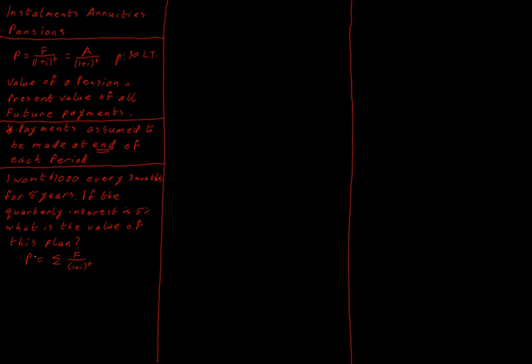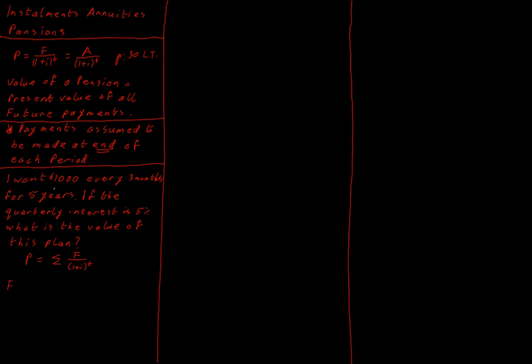And yeah, we recognize we have a bunch of payments going to happen, and we're paying the same amount each time. So we're going to end up with a geometric series. It's just going to have more fractions in it this time because we're dividing by this business here. So we have got our formula written down. So let's write down all of our different bits and pieces.